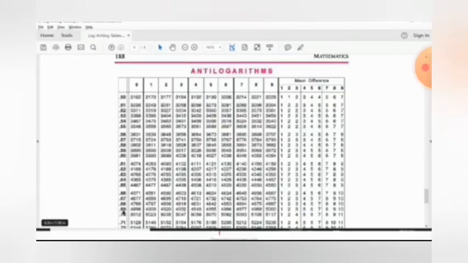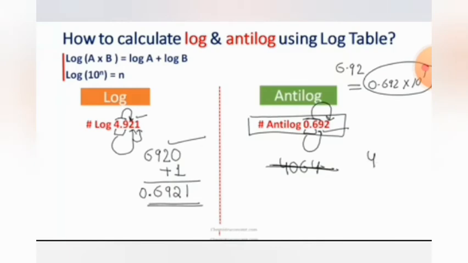Then the value of 2 is taken from the second column. Move across 0.69 and take the value from the 2's column, that is 4920.